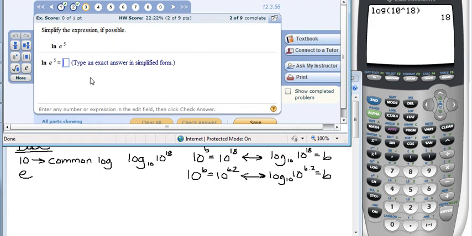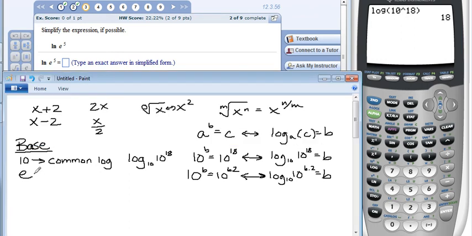Now, if we have a base of e, it's called a natural log. That's where the e comes into play. These all look like an ln, log natural. I don't know why they call it a natural log and then split that, but anyway, ln e to the fifth is really log base e of e to the fifth.